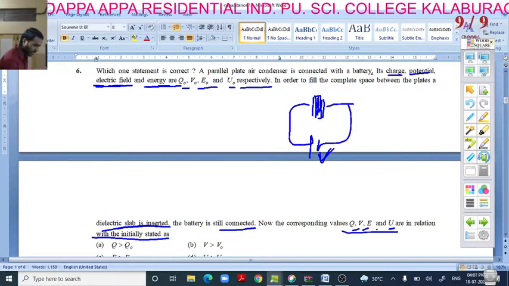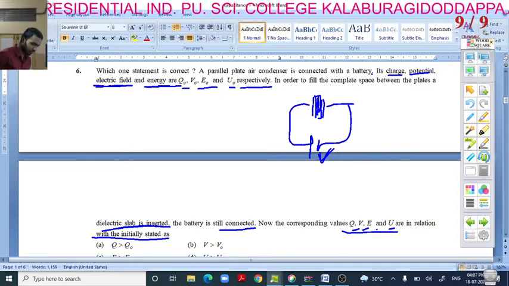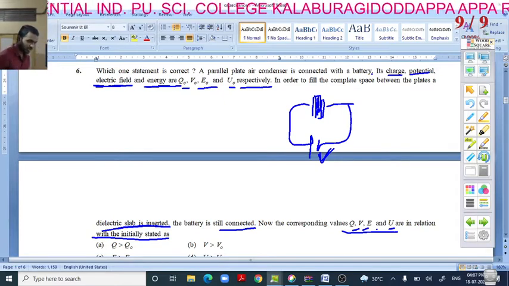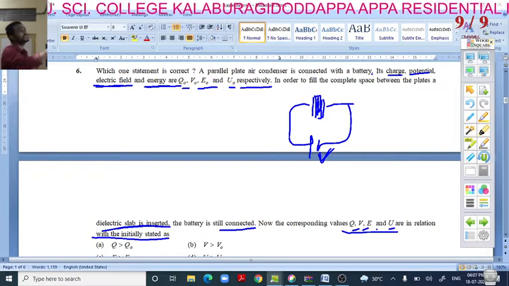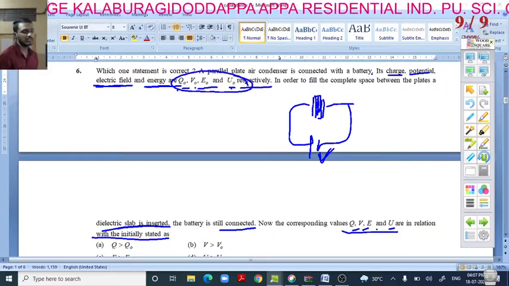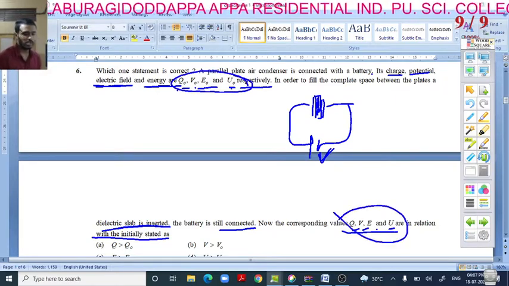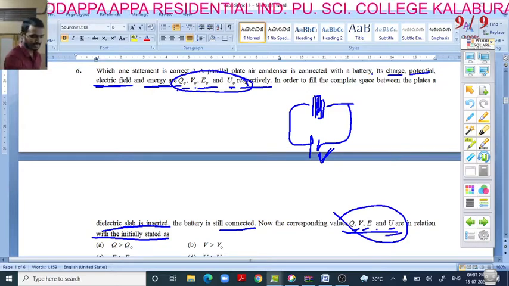See, options are like this here. Q is greater than or equal to Q0, V is greater than or equal to V0, and U is greater than or equal to U0. Some options he has given. See, Q0, V0, E0, U0 are the initial quantities. After inserting, Q, V, E, U are the final quantities.